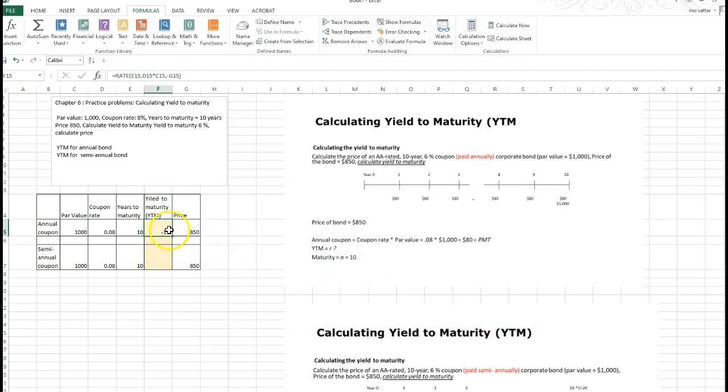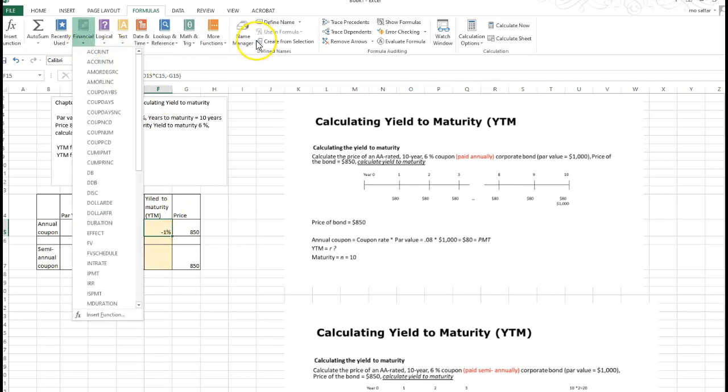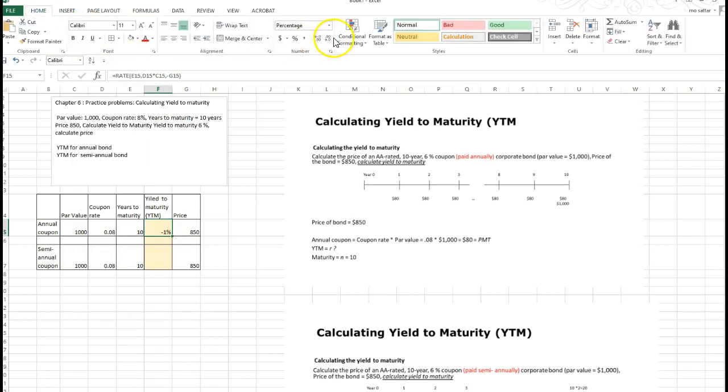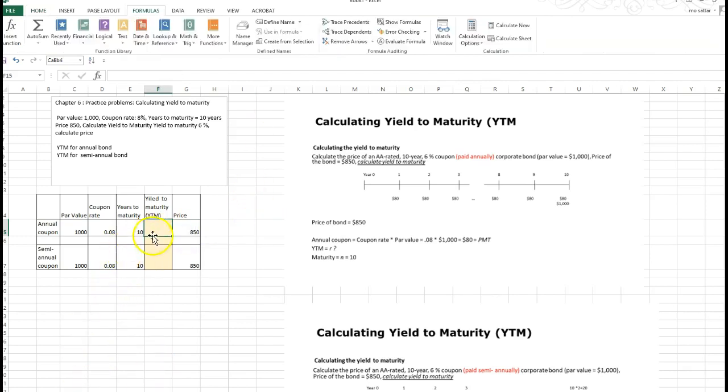Somehow I forgot to click on the future value, so I'm just going to quickly do it again, and maybe you'll see it as practice.